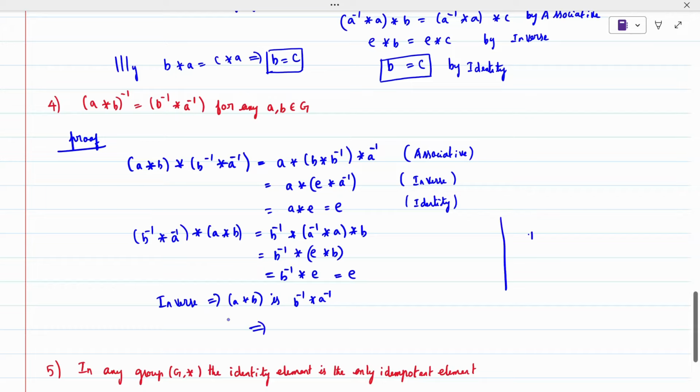What is our inverse property? A star A inverse equal to A inverse star A equal to E. Okay. So this is only our inverse property. To prove the inverse, I take A and multiply it, and I am getting E both ways, which means the inverse property is satisfied.